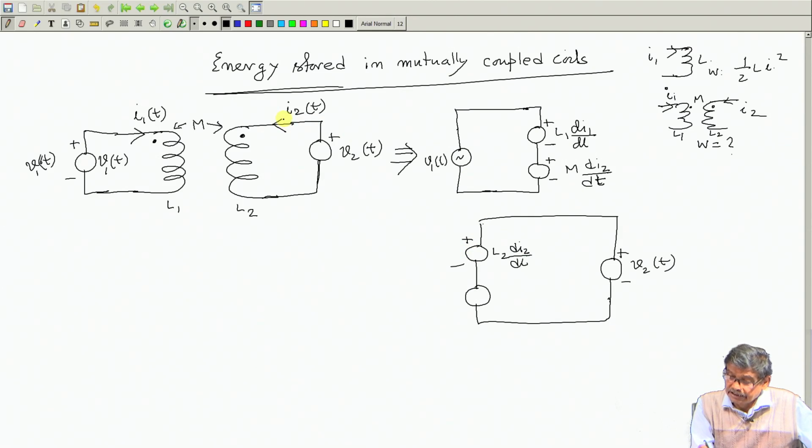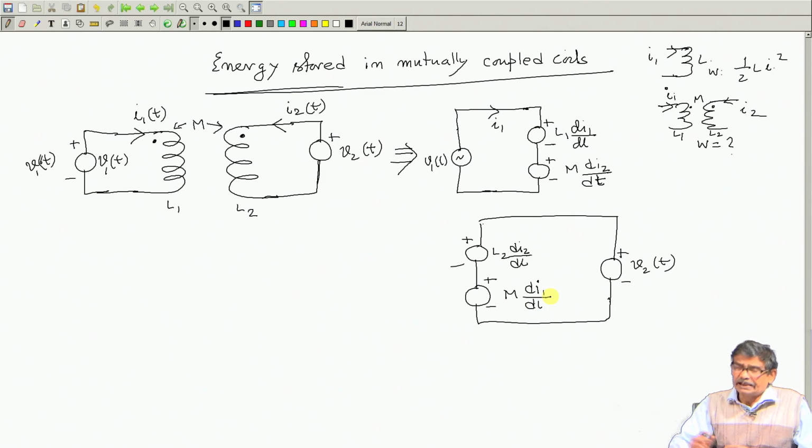Why? Because I2 is assumed like that; mind you, this is I1. And through the dot I1 is entering, so this dot will become plus. So, upper one is plus, plus minus M di1/dt.